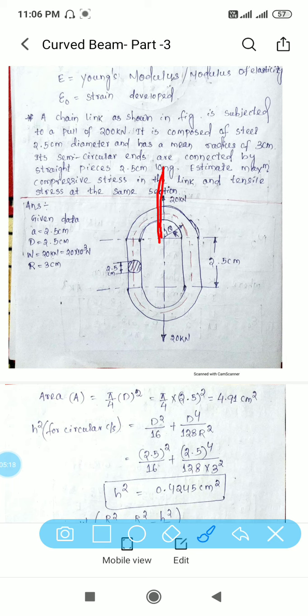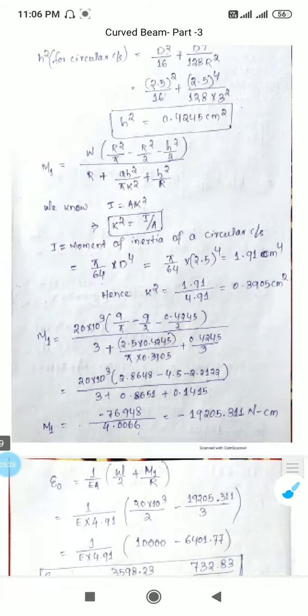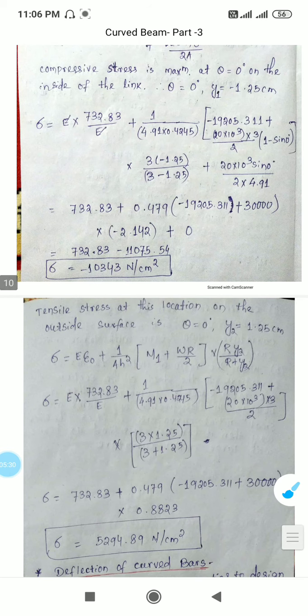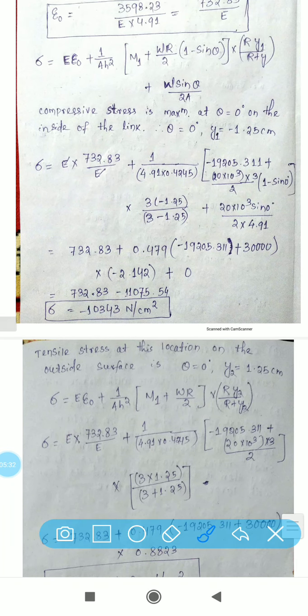At 0 degree, you get maximum tensile stress and maximum compressive stress. In the inner fiber you get maximum compressive stress, and in the outer fiber you get maximum tensile stress. So compressive stress is maximum at 0 degree inside the link.